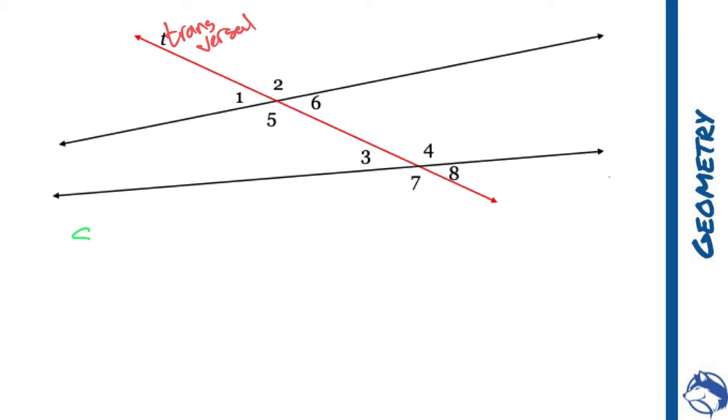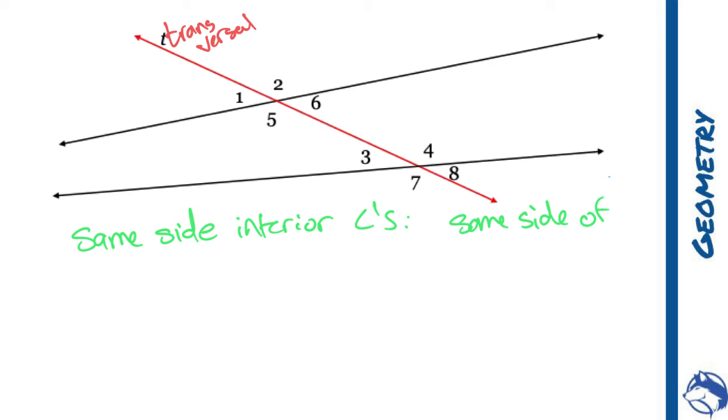The last angle pairs that we're going to talk about are the same side interior angles. They're on the same side of the transversal, and they're on the inside. Those are the 2 things it needs to be to be same side interior.